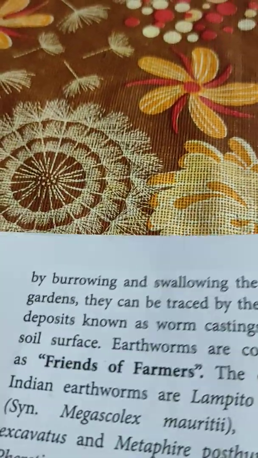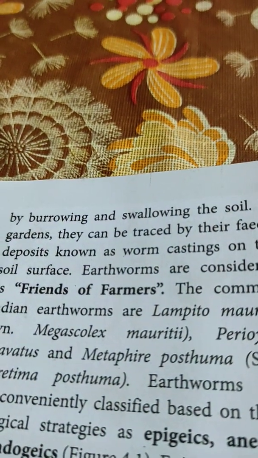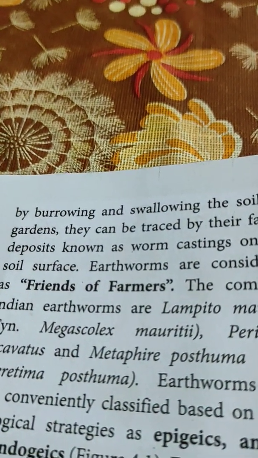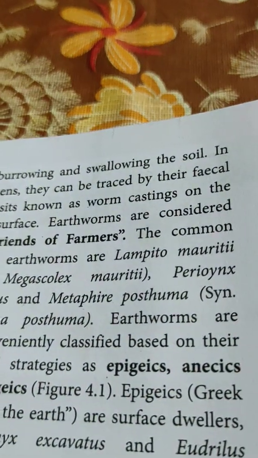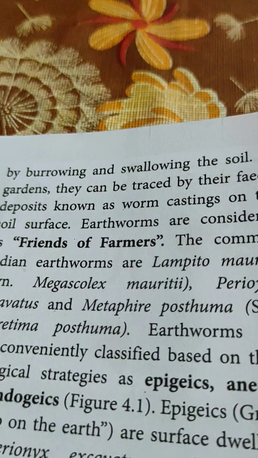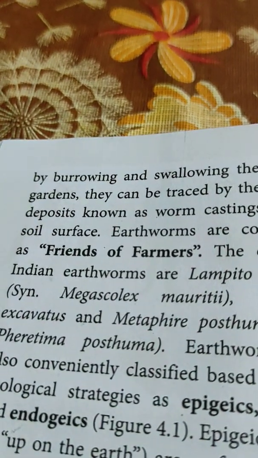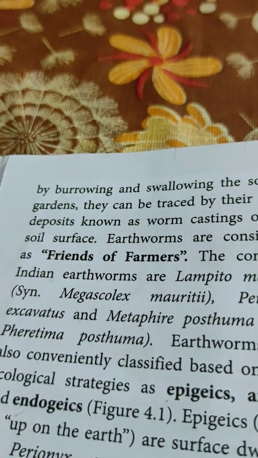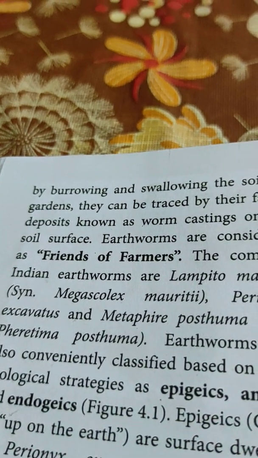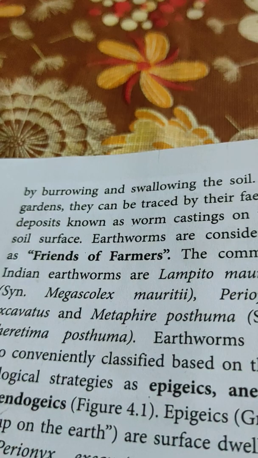In gardens they can be traced. We can easily find out where the earthworm is. In the gardens, they are traced by their fecal deposits, like soil coming out as fecal matter. Fecal means undigested food material, which comes out through the anus.